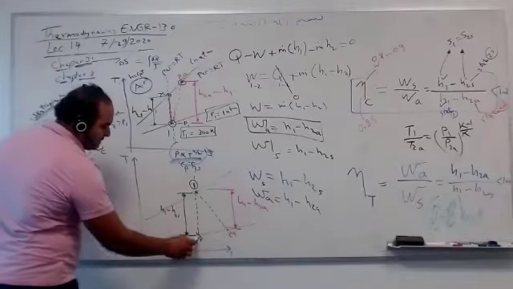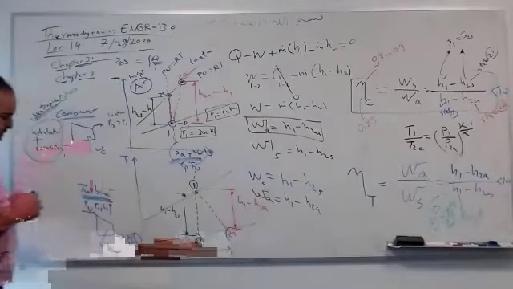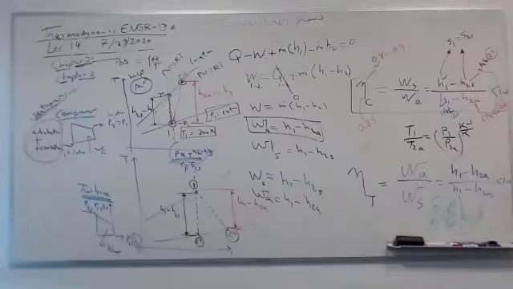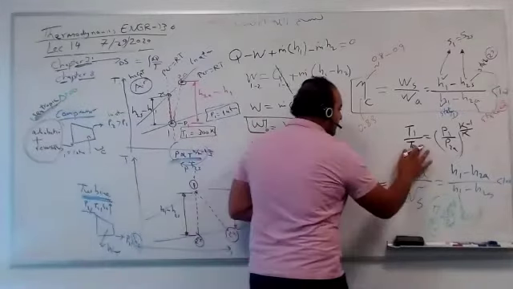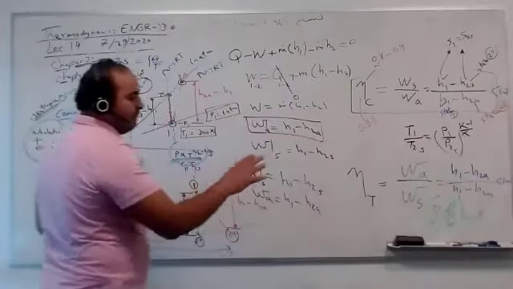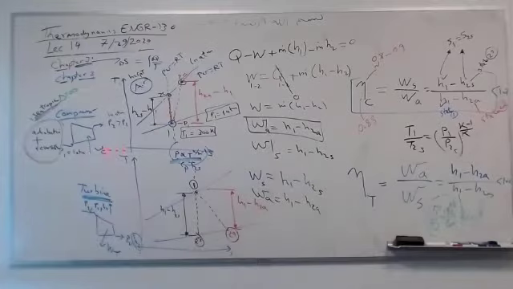Or 1 and 2S? Which one is isentropic? Which one has delta S equal to 0? 1 to S or 1 to A? 1 to S. So that means this is wrong. I wish it to be this. If this is happening, you have 100% efficiency.